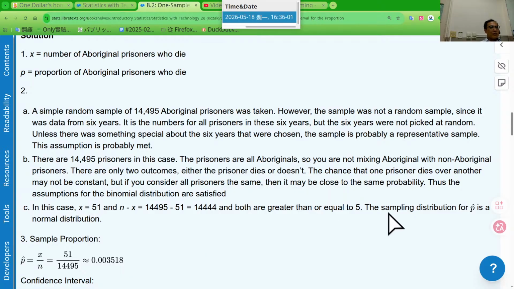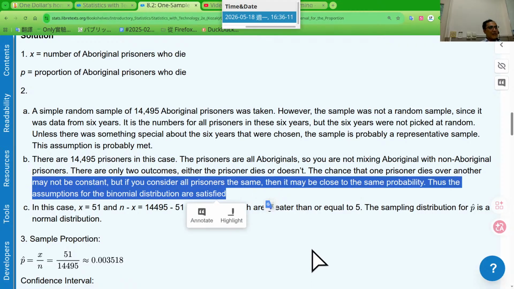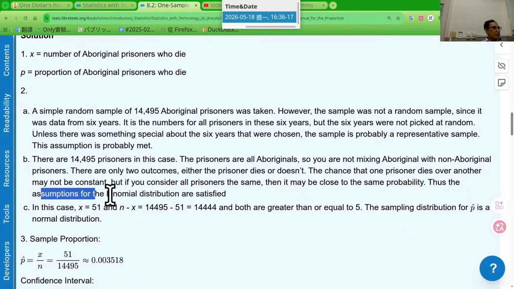The chance of one prisoner dying over another may not be constant, but if you consider all prisoners the same, then it may be close to the same probability. Thus, the assumptions for the binomial distribution are satisfied.